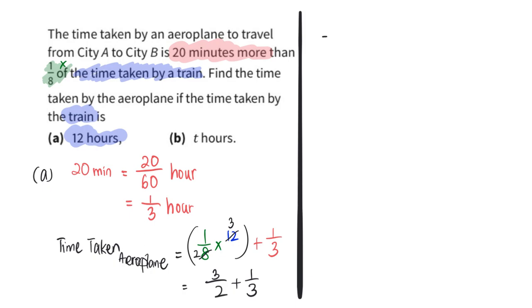and then this will continue to be equal to, the whole thing will be over 6, because I am going to make them the common denominator, times 2 times 2, times 3 times 3, so that it will be 3 times 3, 9/9 plus 2, and this will be equal to 11/6 hours, which is equal to 1 and 5/6 hours.